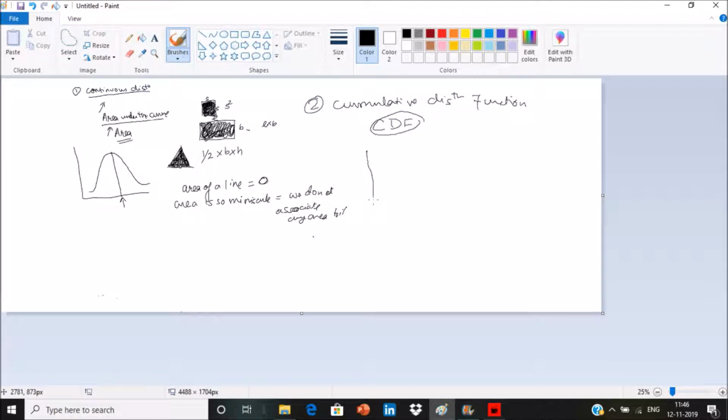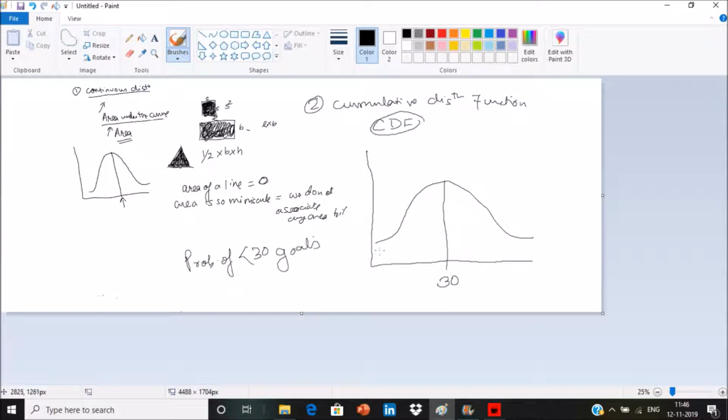Assume I want to find the probability of less than 30 goals. Assuming that 30 is the central point of this distribution, the area under the curve would be anything below the curve up to 30, and this would be the area as well as the probability.